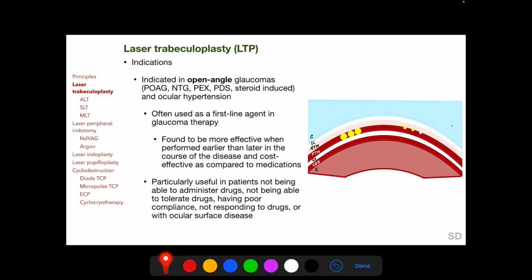Among the laser treatment options available for the management of glaucoma, we have laser trabeculoplasty, laser peripheral iridotomy, laser iridoplasty, laser pupilloplasty, and cyclodestruction. Laser trabeculoplasty or LTP is indicated in certain open-angle glaucomas, specifically primary open-angle glaucoma, normal tension glaucoma, pseudoexfoliation syndrome, pigment dispersion syndrome, and steroid-induced glaucoma, and this is very important to remember.